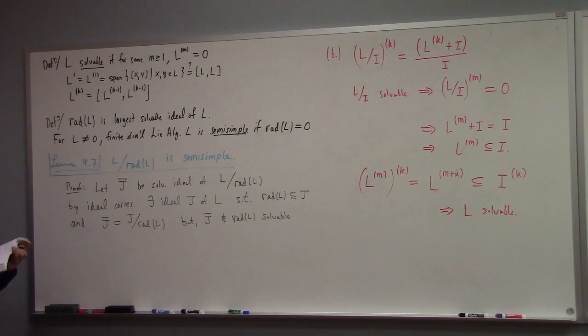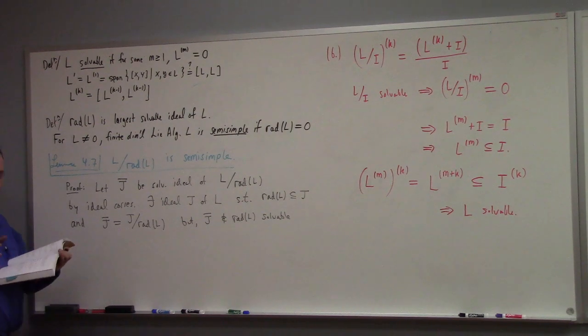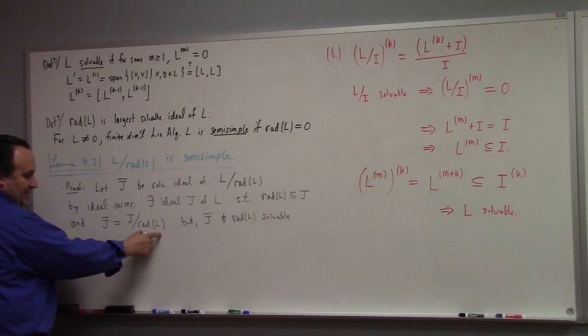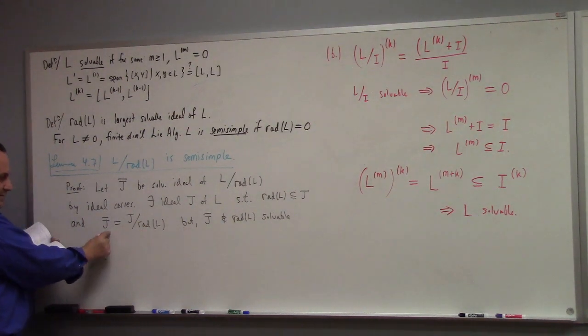By the lemma we just proved, the first part of it, look at what we got. The thing we're quotienting by is solvable, and the quotient is solvable.